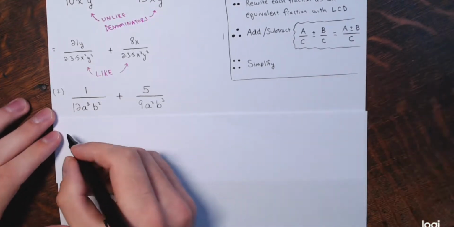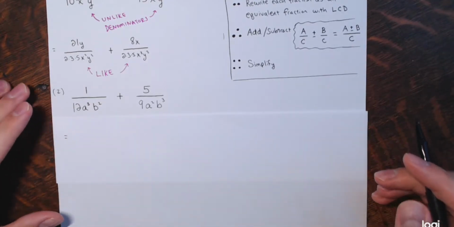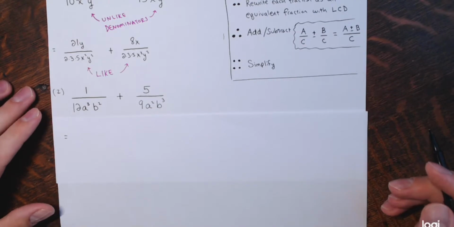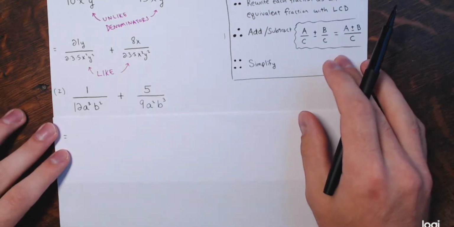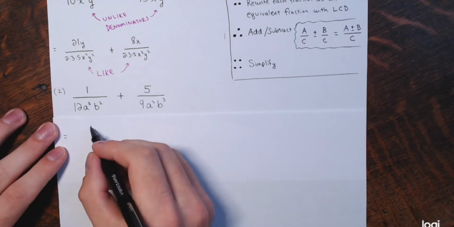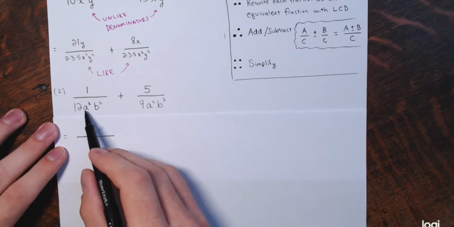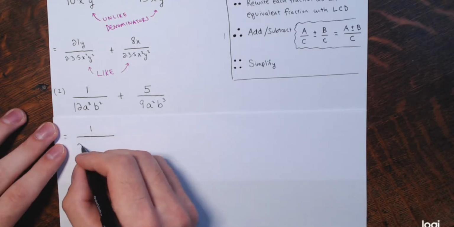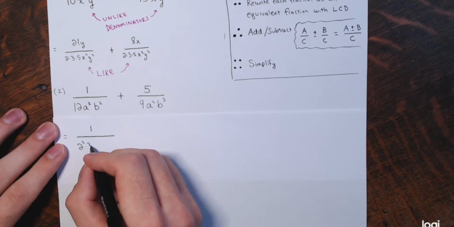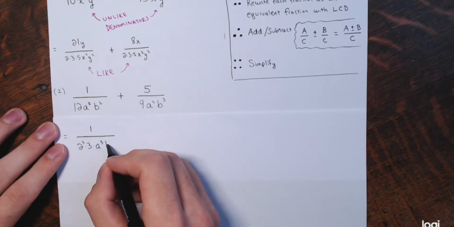So what I'm going to do from here on out, though, when I want to find the LCD, I'm just going to write the fractions the way they are, but factor the denominators. So we have 1 over this denominator, 12 times a cubed times b squared. 12 factors to 2 squared times 3, and then we have a cubed and b squared.